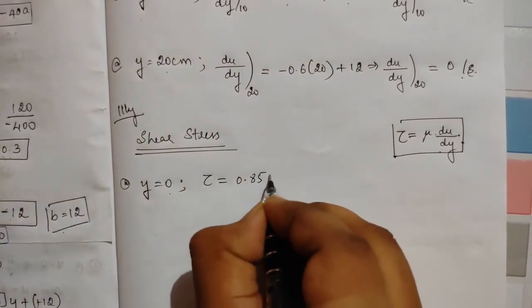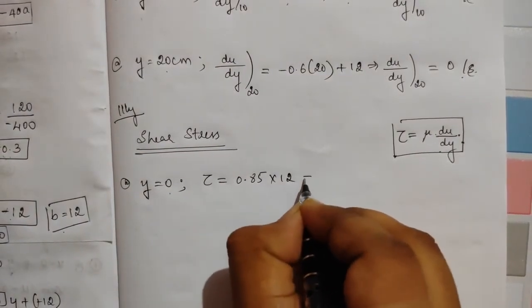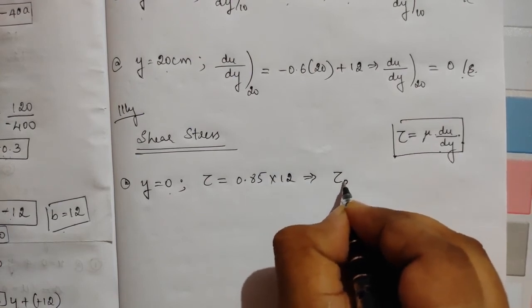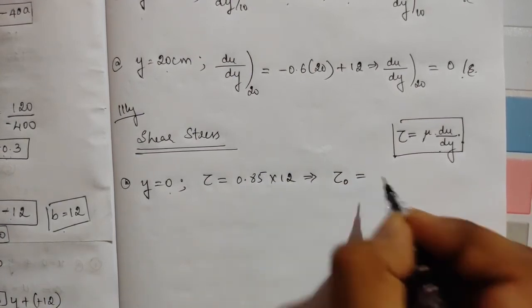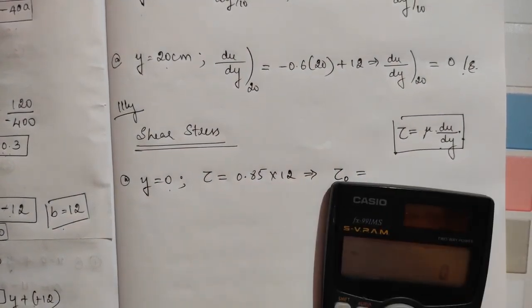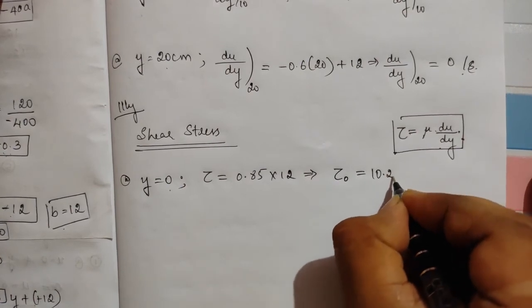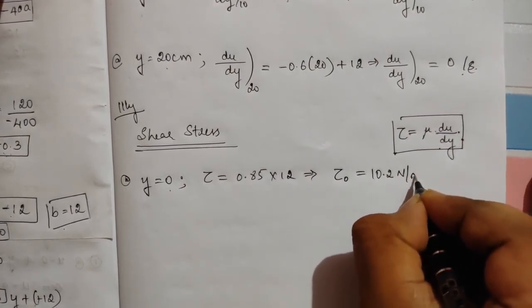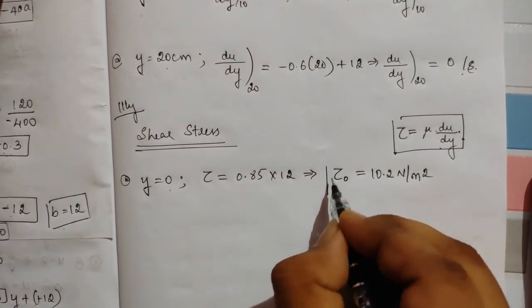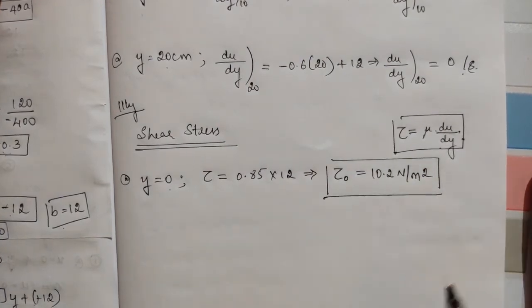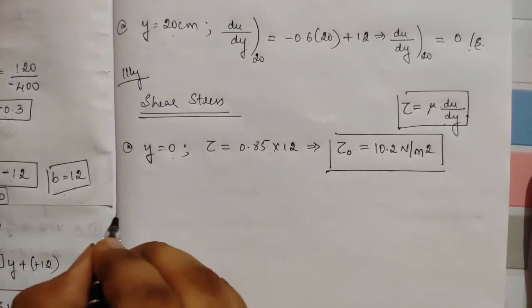So into 12, that implies tau at 0 is equal to 12 into 0.85, which is 10.2 Newton per meter square. So we got the shear stress.